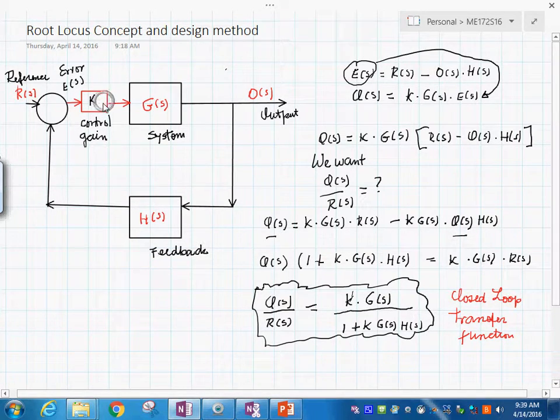Okay, so what Professor Evans was saying is that if you say K is 1, because if you say K is 0, then the whole thing doesn't work. If K is 1, you get the transfer function, right?